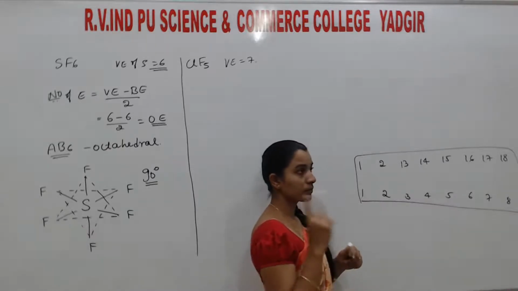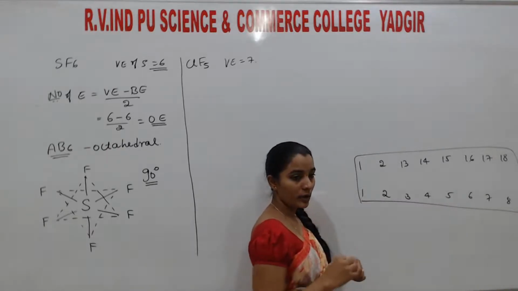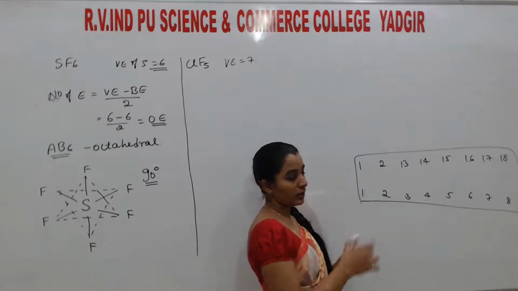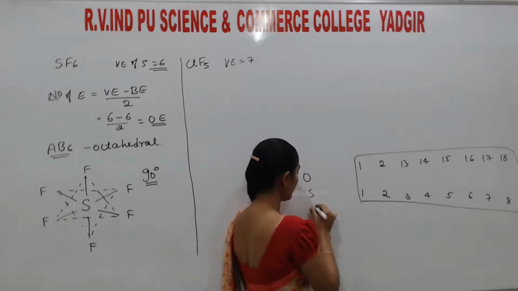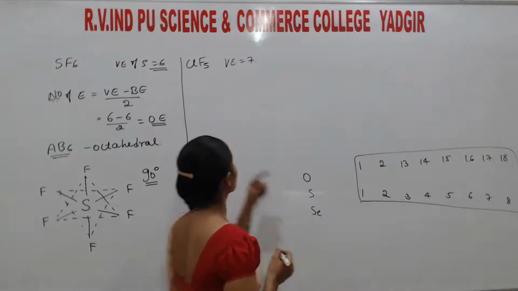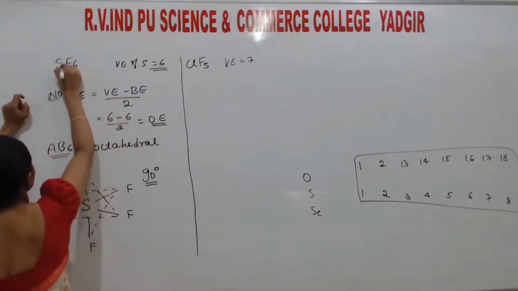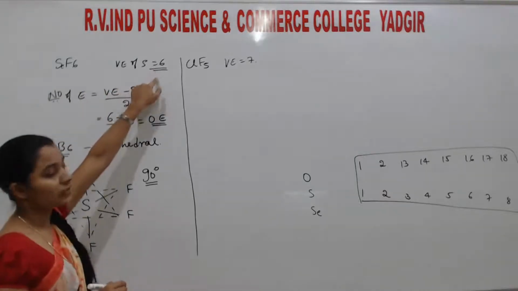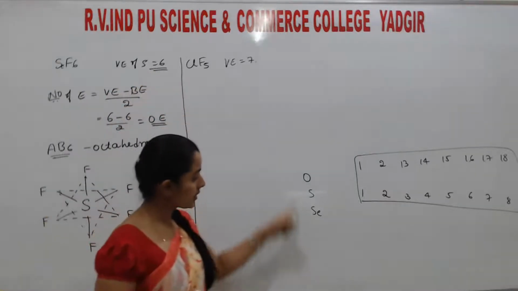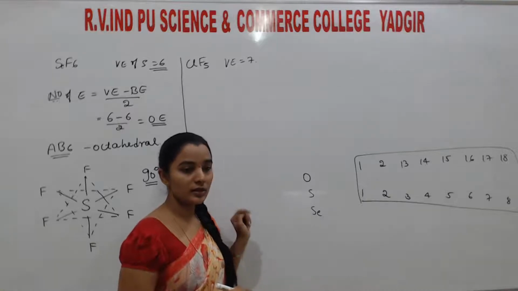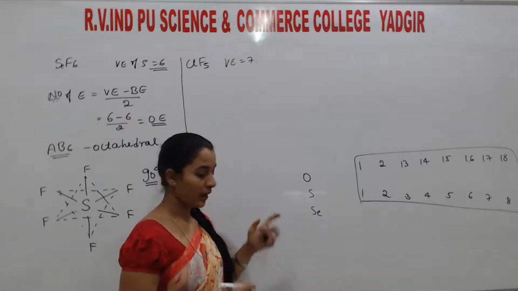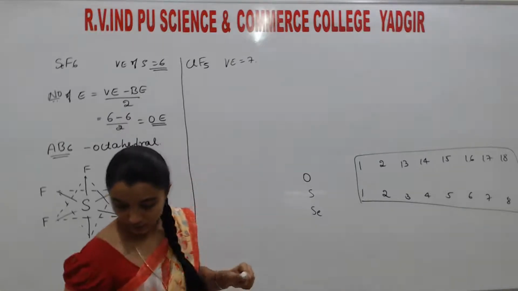Like P block elements you know. After oxygen is there, sulfur is there, selenium is there. So instead of SF6, if they give SeF6, then also you need to take 6 also because in the same group, valence electrons are same. Understand? The same thing is happening here.